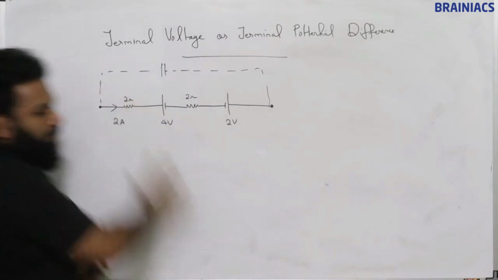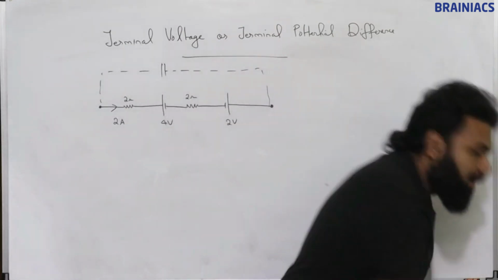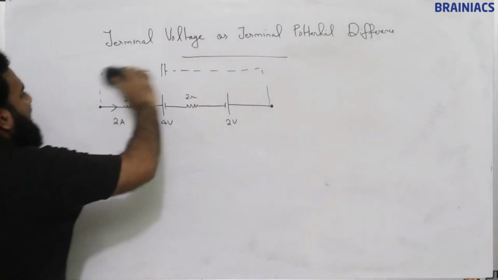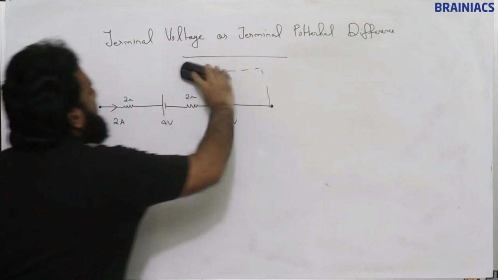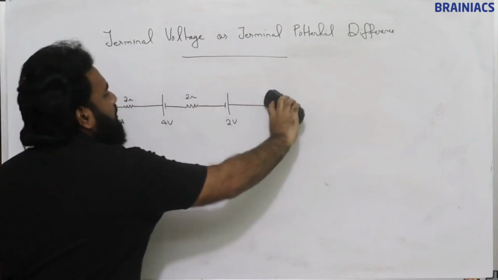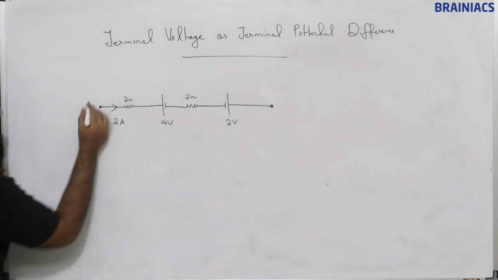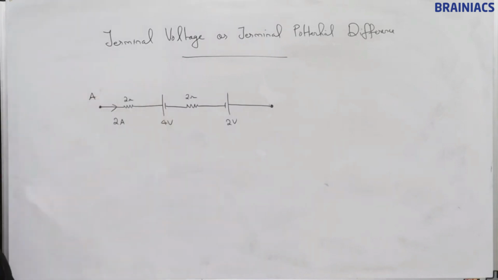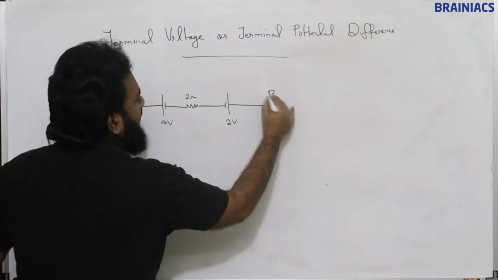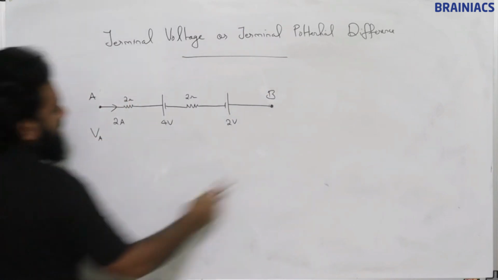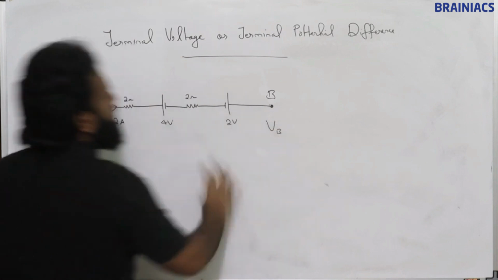Just for example I am telling. So we will have a lot of use just by analyzing this part of the circuit. So how to analyze? Suppose we put this terminal as A, this terminal as B. The potential at this terminal is A, the potential at this terminal is B.